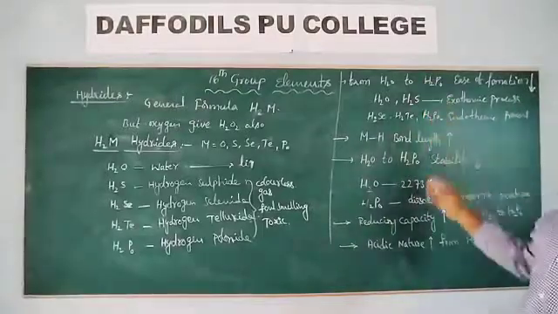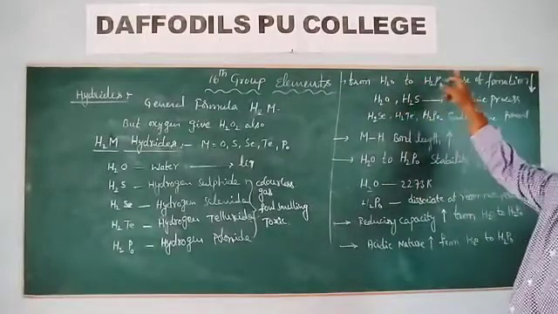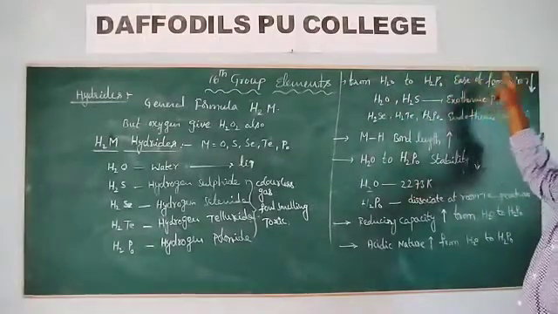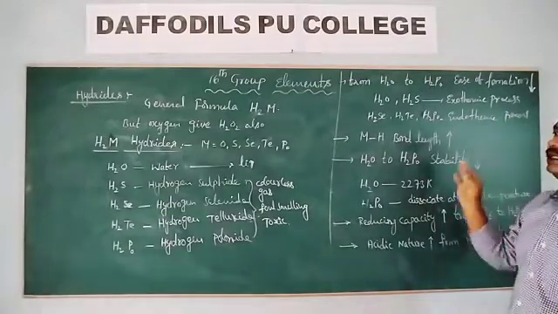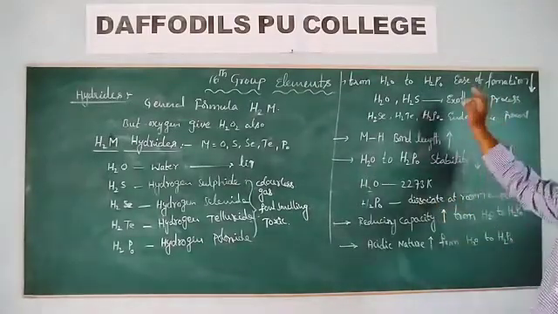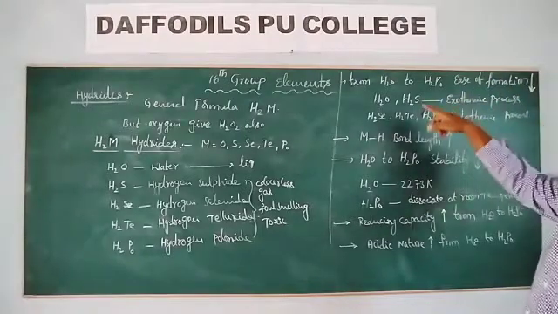Now, some of the properties of these hydrides. From H2O to H2Po, ease of formation decreases. Means H2O is formed easily. H2Po formation is difficult. Next.